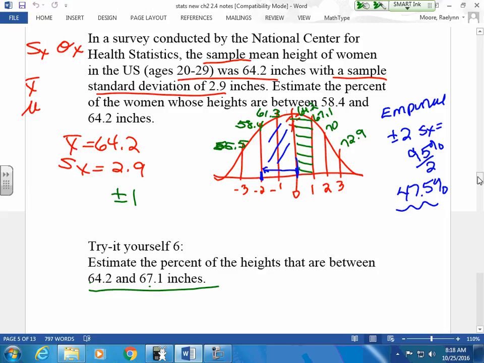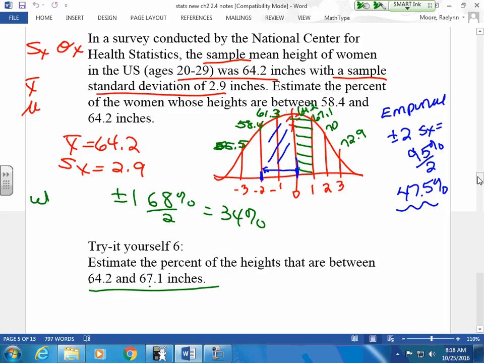Look at your notes. What percent is plus or minus 1? 68%. But if I only went to the plus 1 and I didn't go to the minus 1, what do I have to do to 68? Divided by 2. Oh, 34%.